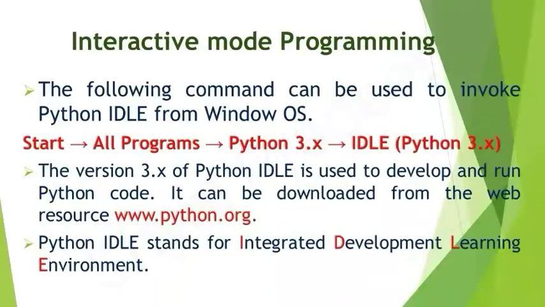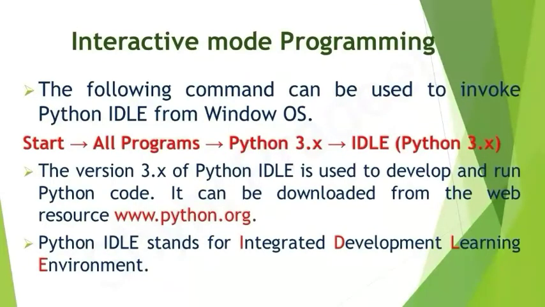Click Start, All Programs, Python 3.x, select Idle Python 3.x version. You have to select these options to use Python 3.x version. Okay, this version name is Idle Python 3.x.